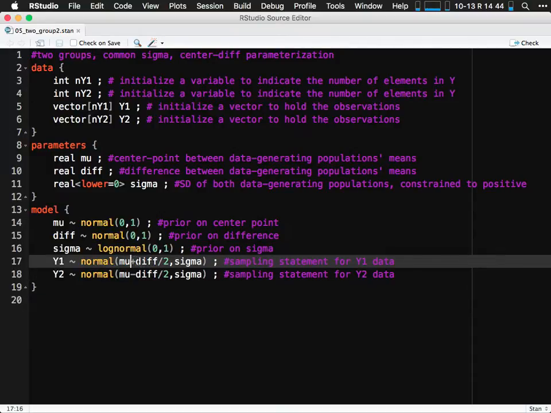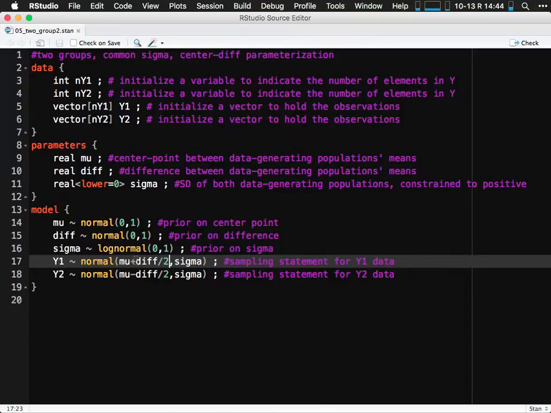Well, what's actually going to happen, if it turns out that y1 is below center, this diff parameter will be driven to negative values. Because plus a negative value means go down, and minus a negative value means go up. Oh, okay. Gotcha.